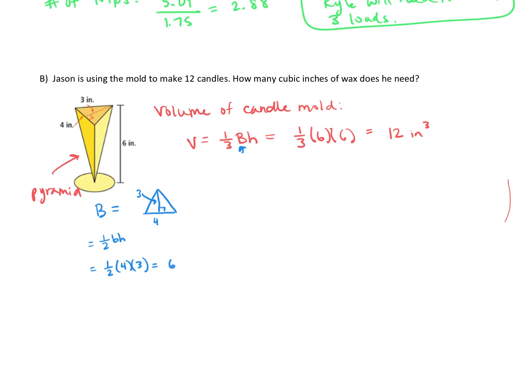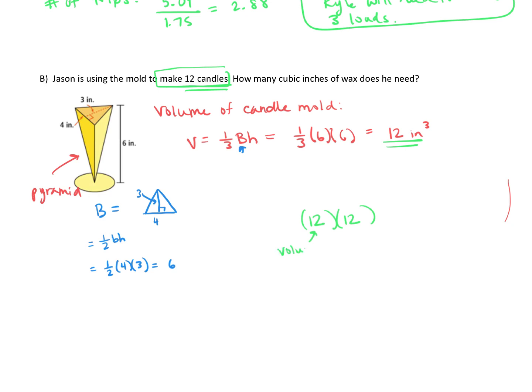Well, how many candles is Jason making? Jason is going to make 12 candles. So we're going to take the volume of one candle mold, the 12 inches cubed right there, and multiply that by the number of candles he's making, 12 candles. We're using a bunch of 12s.